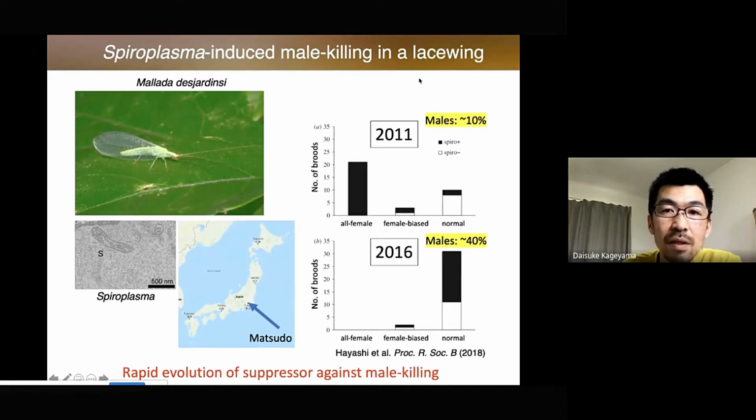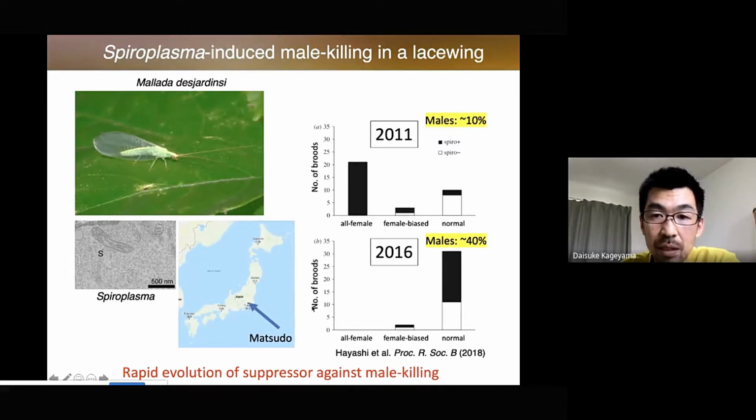A similar phenomenon has been found in spiroplasma-induced male killing. The bacteria are different, but a similar rapid change of the population sex ratio has evolved in 5 years. This is a study that I've been involved in.